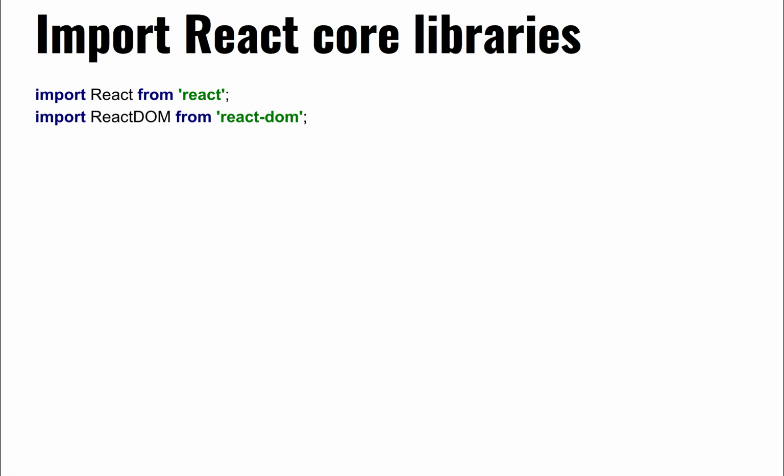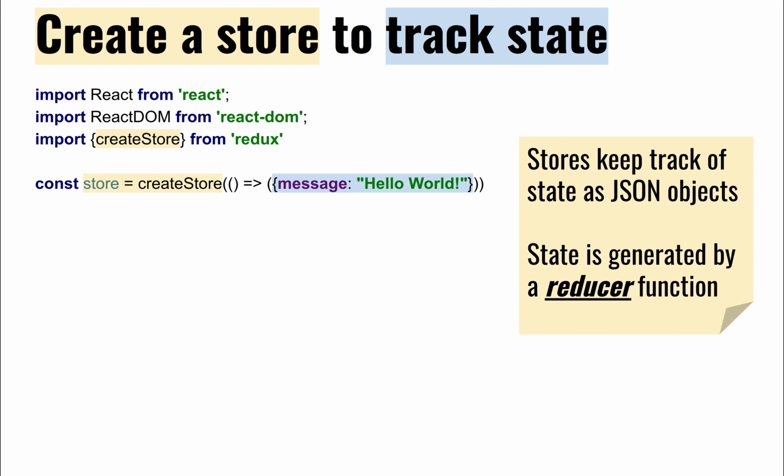So here's our first line here that, obviously, we need to import the core React and React DOM libraries, right? And here's the creation of our reducer, the first reducer.